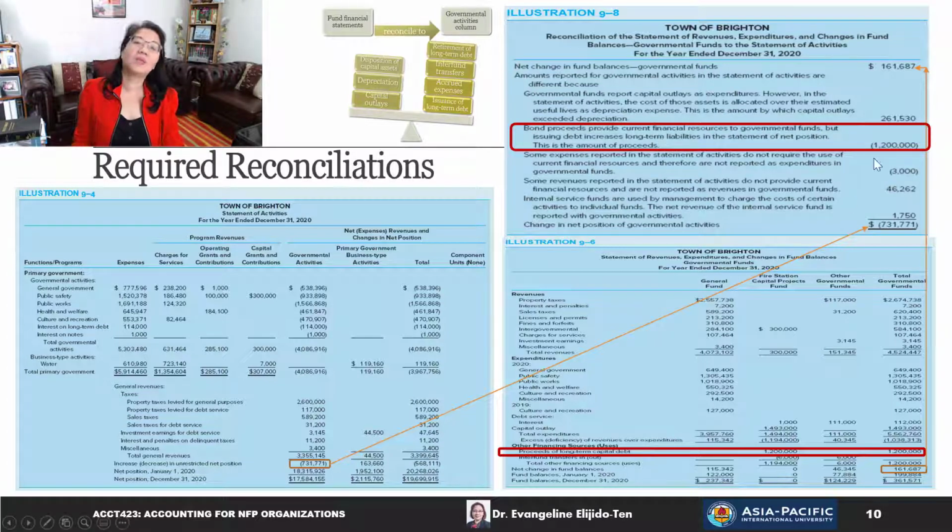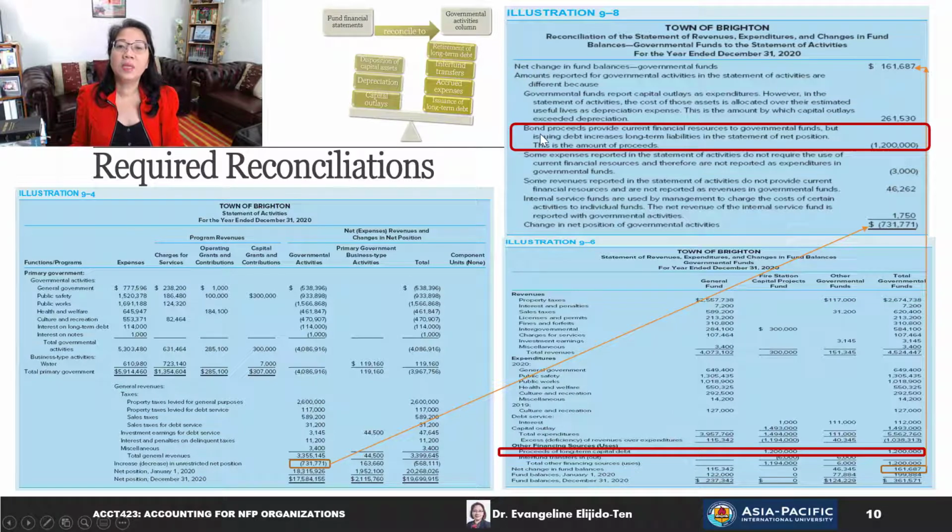All right? So that figure of 261,530 has been deducted from the net change in fund balances for governmental funds, and so we'll need to add it back in order to reconcile it with the governmental activities change in net position.